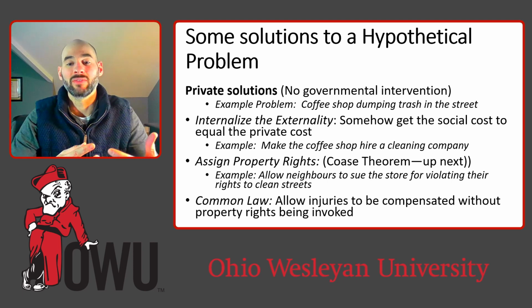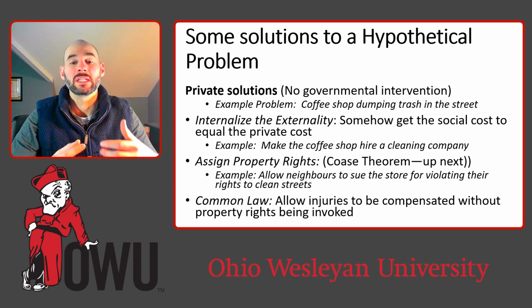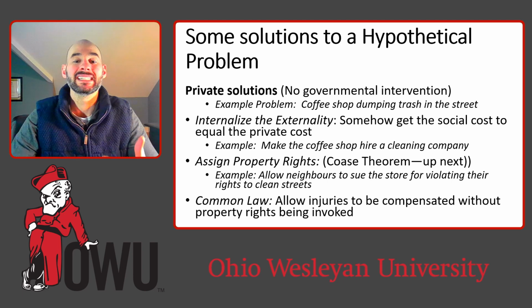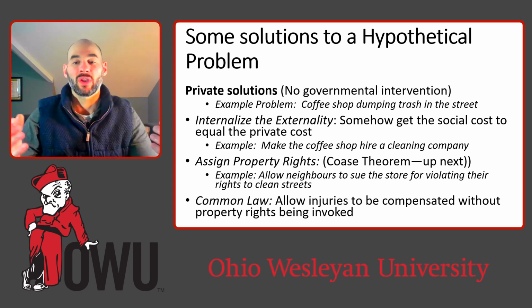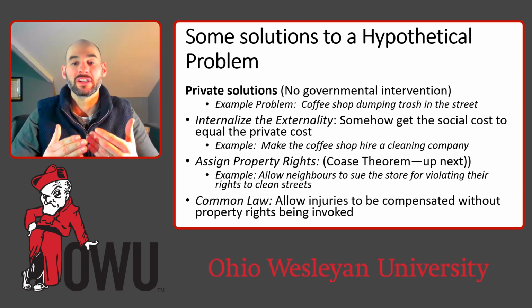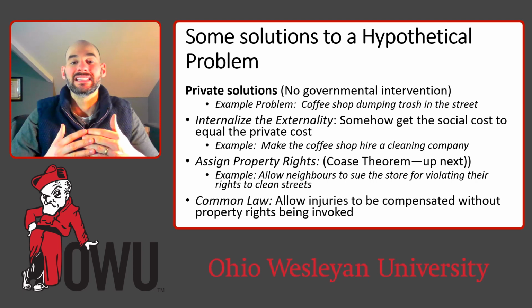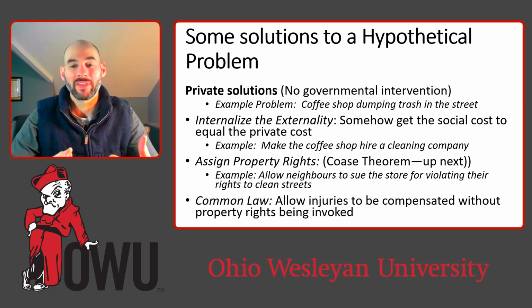And the key takeaway from the Coase theorem is that as long as those property rights are clearly defined, it doesn't matter who we assign them to. We're going to have an efficient solution that is going to come from negotiation between parties as long as there are no transaction costs. And that's going to be the key assumption. We'll talk about that more next week.